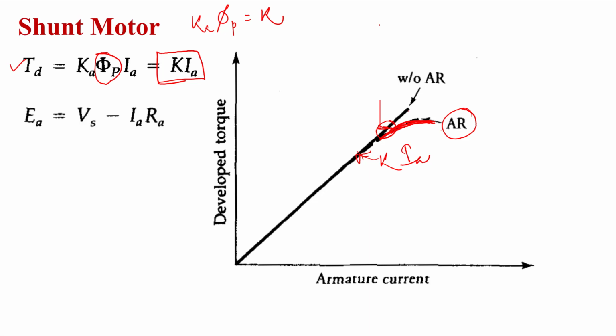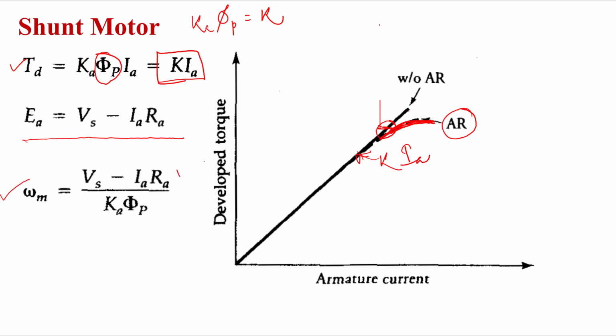Okay, now we'll talk about the terminal equations. Your EA will be equal to Vs minus IARA, and your omega m will become equal to, of course we have derived this, Vs minus IARA by K phi p, right? And from this equation I can write omega m is equal to omega m NL, this is your no load speed, minus RA by K phi p into Ia.